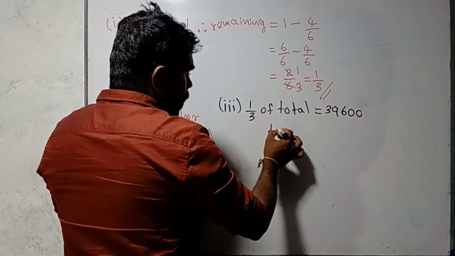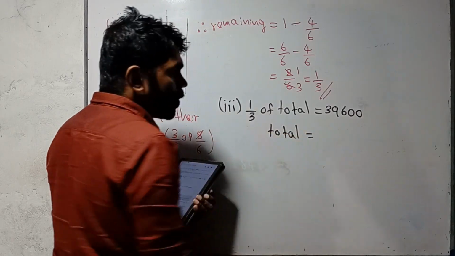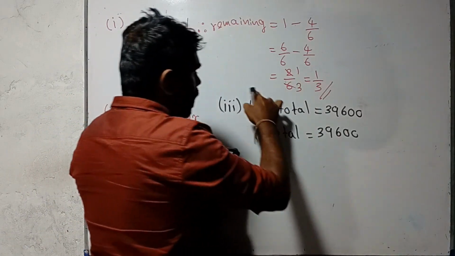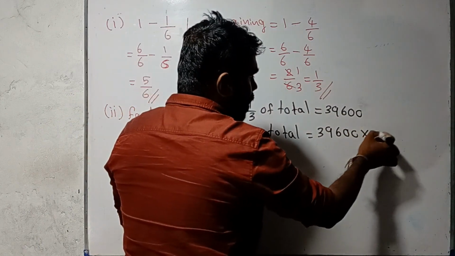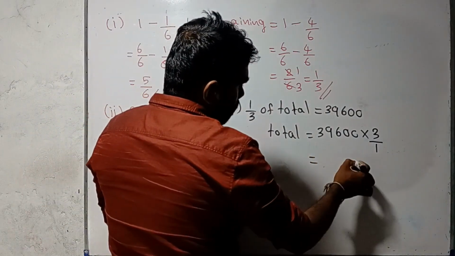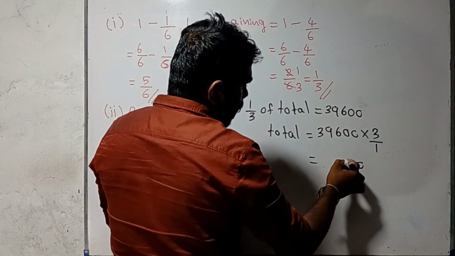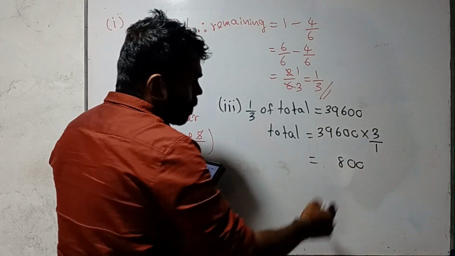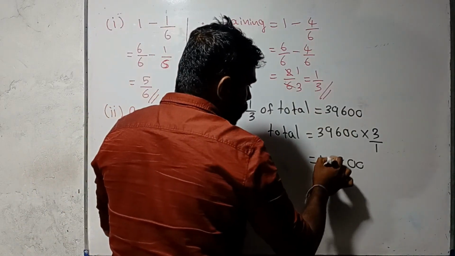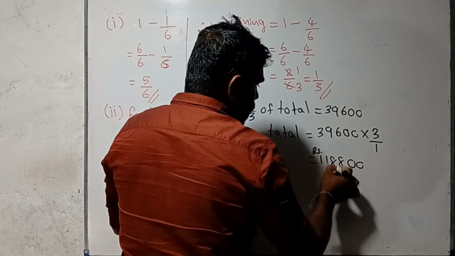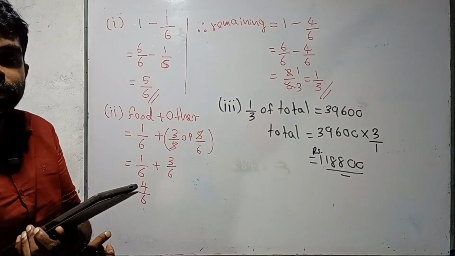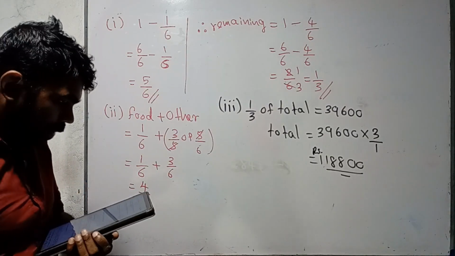Then the total amount he received after paying tax: we have to bring this fraction to the right hand side as a reciprocal, 3 out of 1. Then we can multiply: 2 zeros, 3 into 6, 18, 1 remaining, 3 into 9, 27 plus 1, 28, 2 remaining, 3 into 3, 9 plus 2, 11. 118,800 rupees. It is the total amount he received after paying income tax.